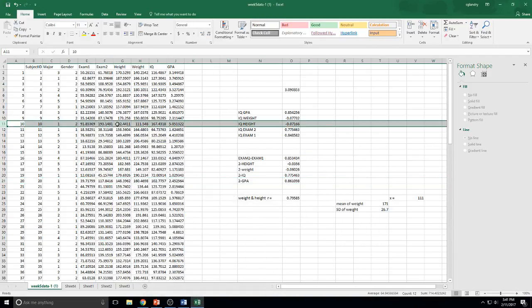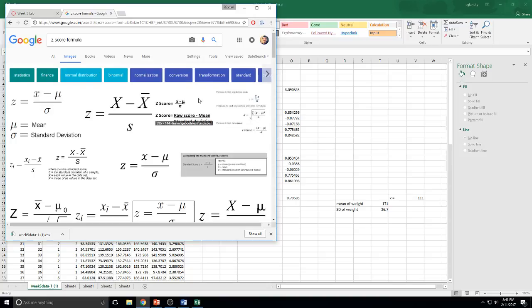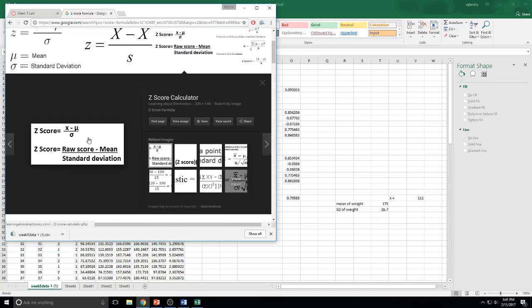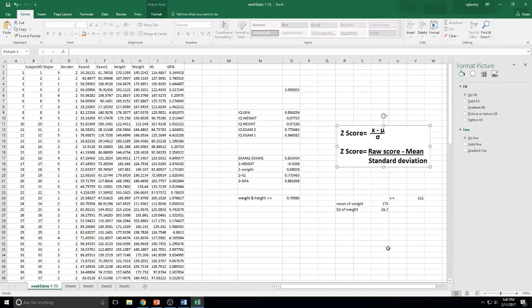God, I'm an idiot. 111.54. Yep. Okay. So if we're looking at this picture here, because I'm an idiot, can I paste a picture? I can. Great. So our z-score equals our x, which is 111, minus our mean, which is 171, all over 26.